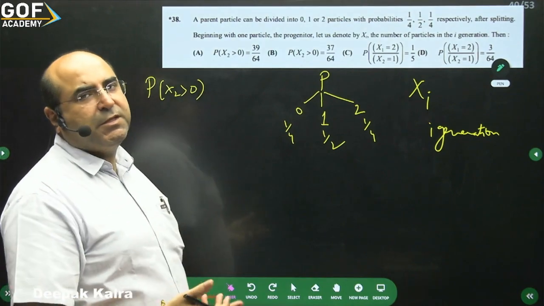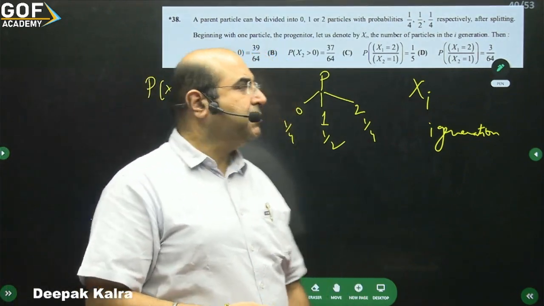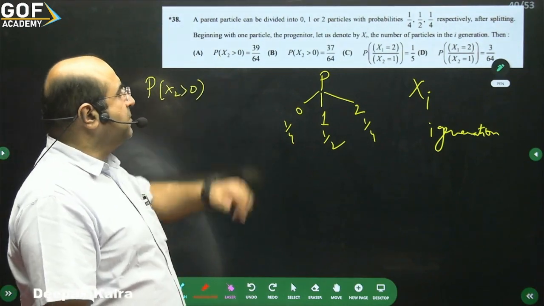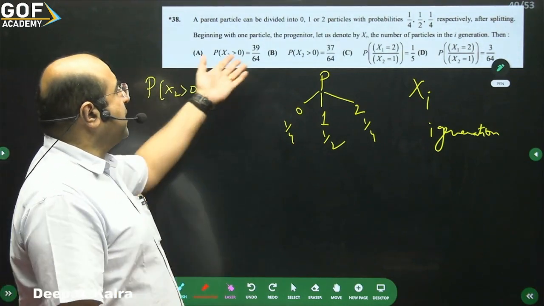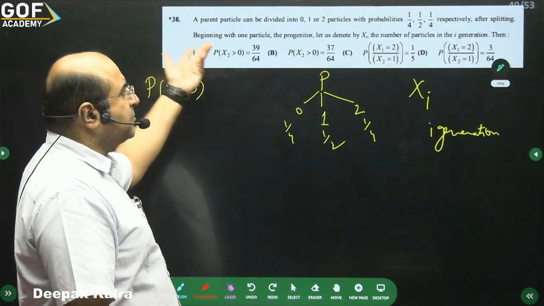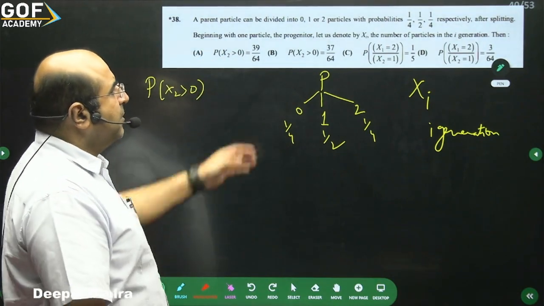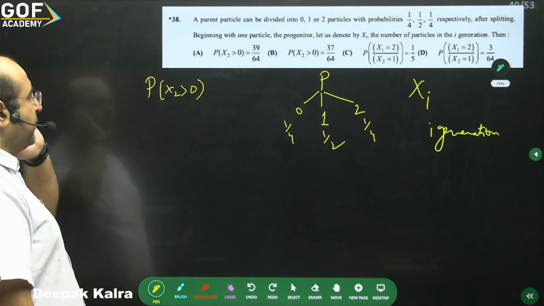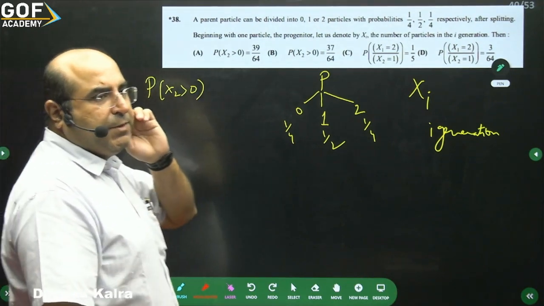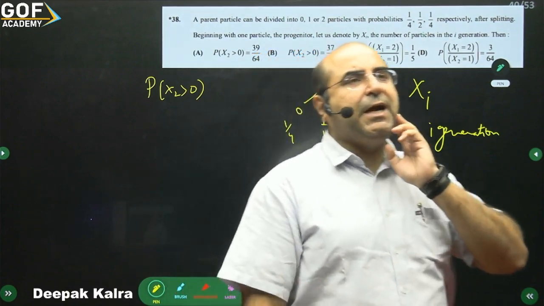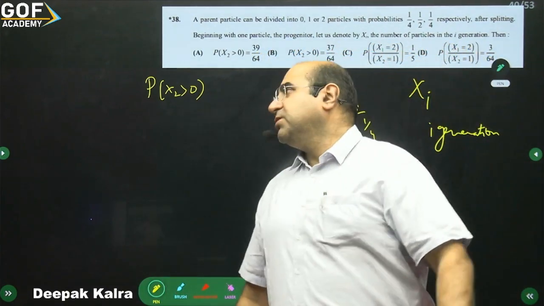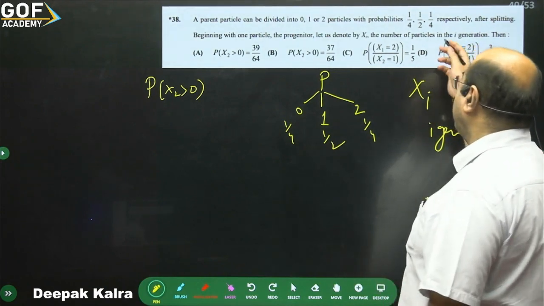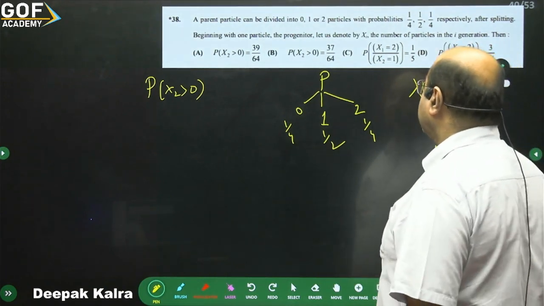This is the question which I believe. You understand? If I say first option is correct, then second is wrong. If second is correct, first is wrong. So I'll have to see that first, then you go to the C and D part. First we make sure that we understand the meaning of P(X2) greater than 0: the probability that the second generation should have more than 0 particles in it.